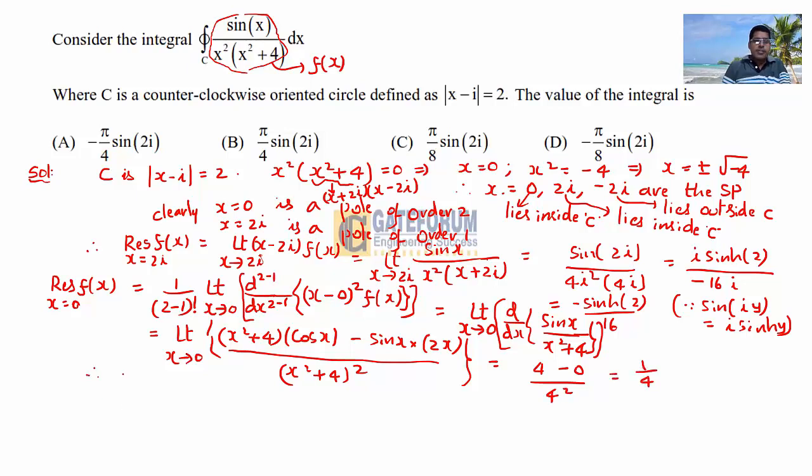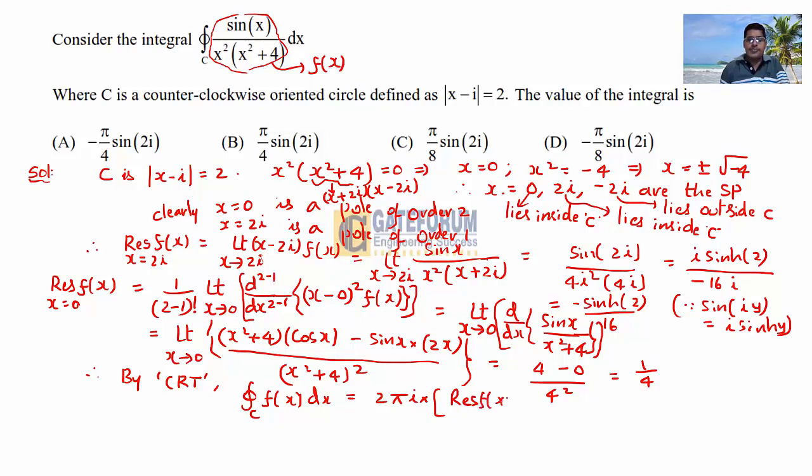So therefore by CRT, the full form of CRT is Cauchy's residue theorem, the integral over C of f(x) dx is equal to 2 pi i into the sum of the residues at the poles, that is the singular ones. Residue of f(x) at x is equal to 2i plus residue of f(x) at x is equal to 0.